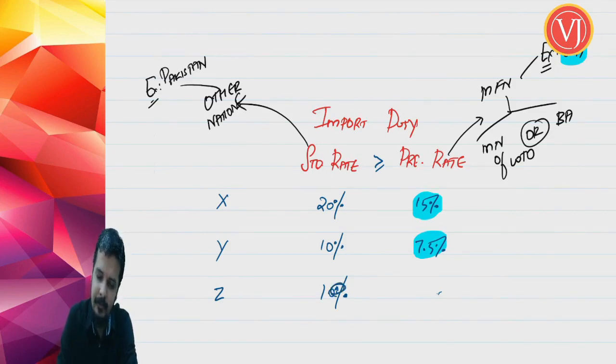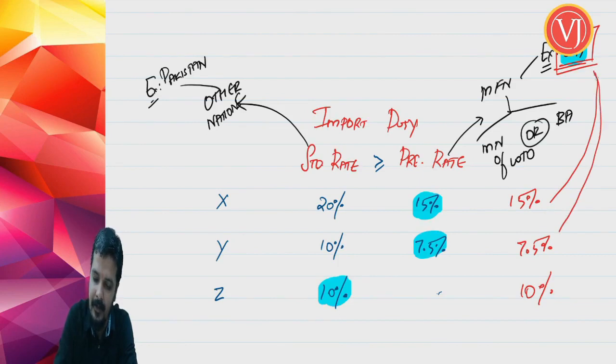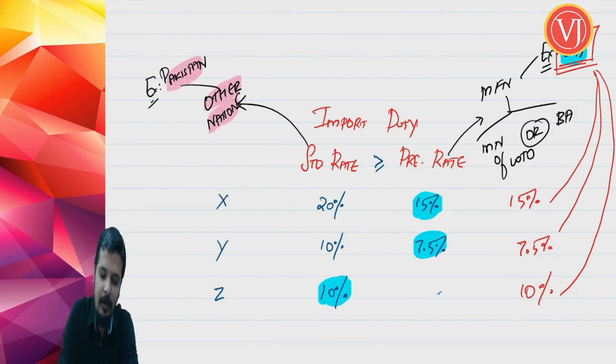So if items X, Y, Z are imported from USA, you are going to pay 15%, 7.5% and 10% respectively. Now friends, if the same items X, Y, Z are imported from Pakistan, which is not a most favored nation, you are going to have the standard rate.